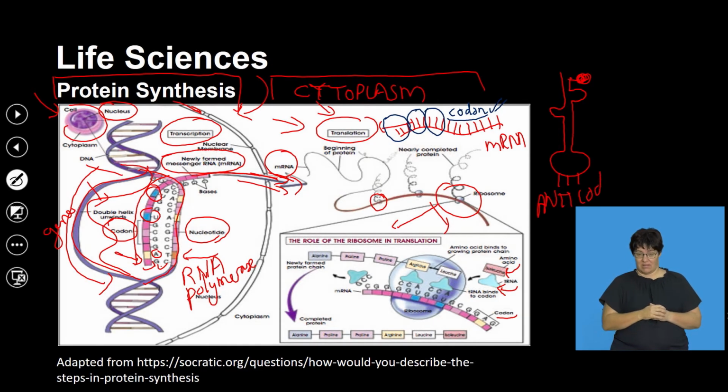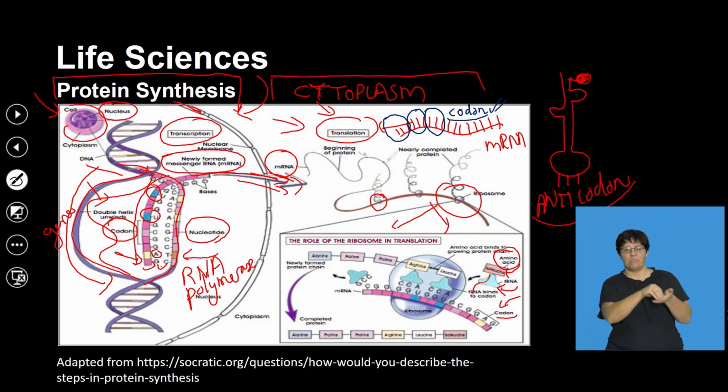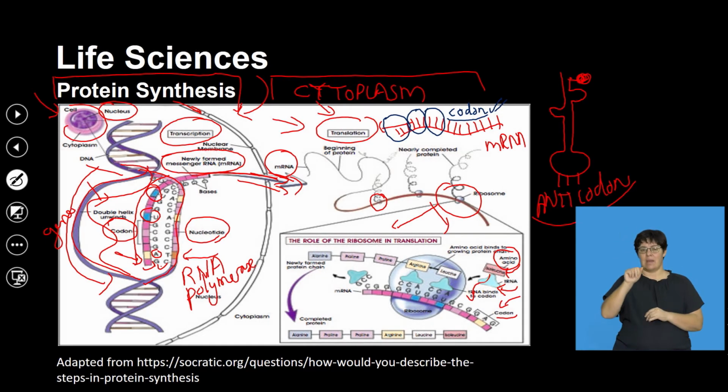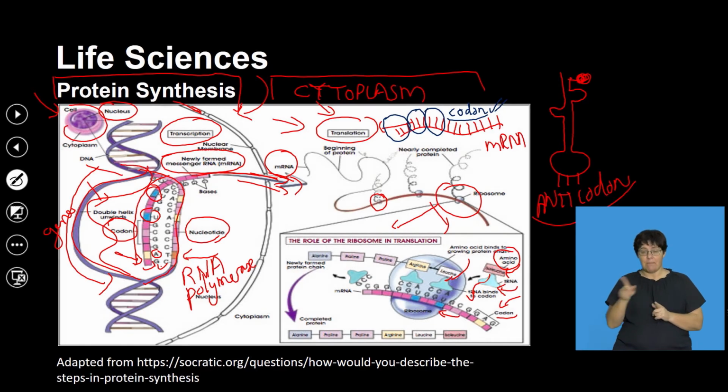So that's the anticodon on a tRNA, and that often has a unique complementary nature to a specific codon on the mRNA. That will determine which specific amino acid is brought into the ribosome. The ribosome continues to read each codon, instructs a tRNA to bring in a unique amino acid, and these amino acids are then held together by what we refer to as peptide bonds, and that chain continues to grow.